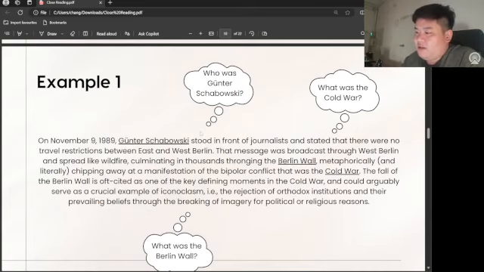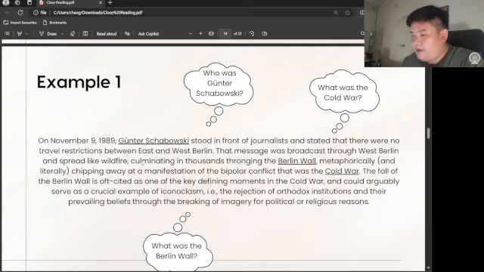And Gunther Schabowski was one of the junior, I guess, staff members of the East German government. And what occurred here was really a miscommunication between the higher ups and himself. So when he was told to go out in front of the press at that point of time, just to give some context, the Cold War was more or less ending already, all right?